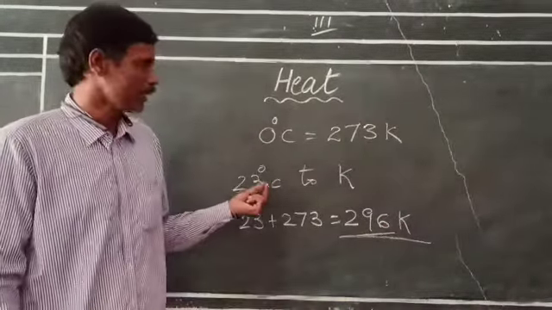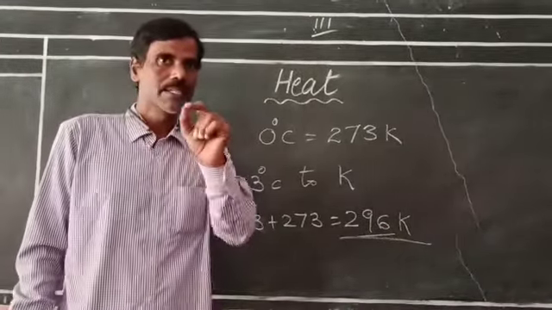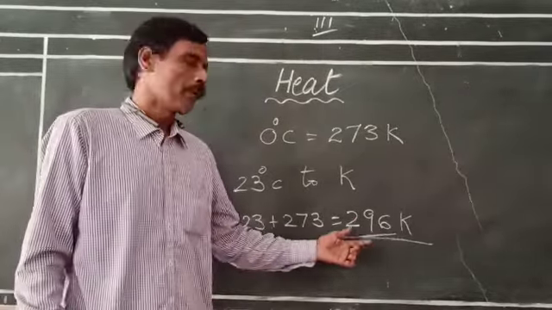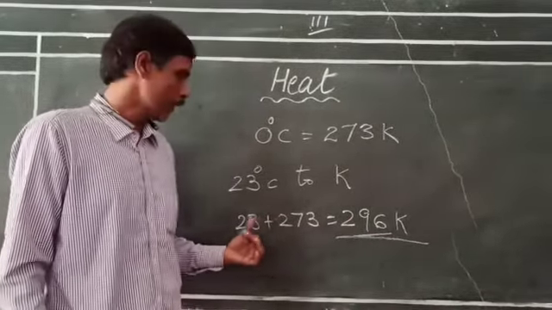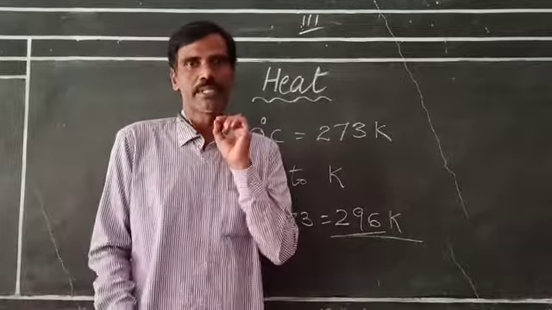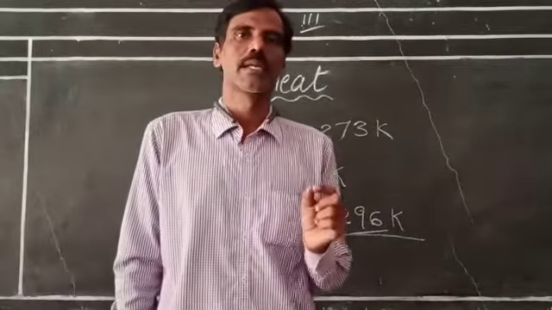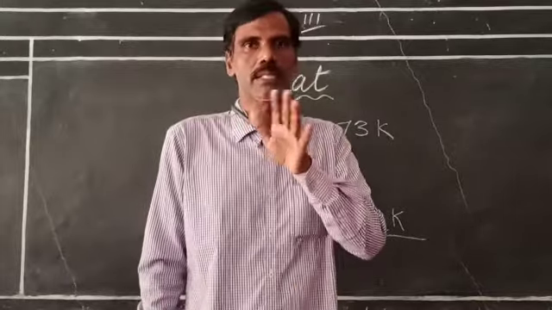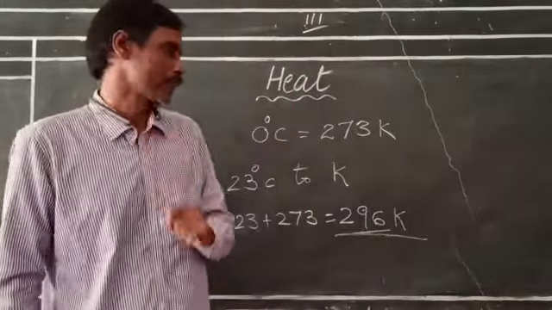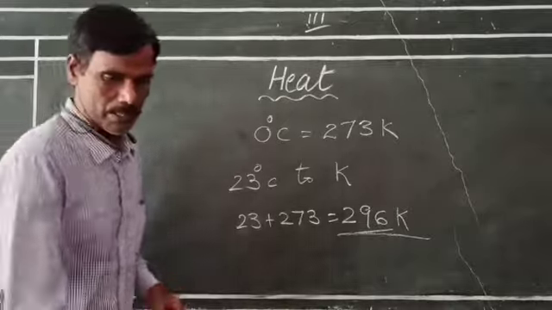So this is a simple method to convert degrees Celsius to Kelvin by adding 273 to the degrees Celsius. Similarly, if the temperature is given in Kelvin and you want to convert into degrees Celsius, you have to subtract 273 from the Kelvin scale to get the degrees Celsius.